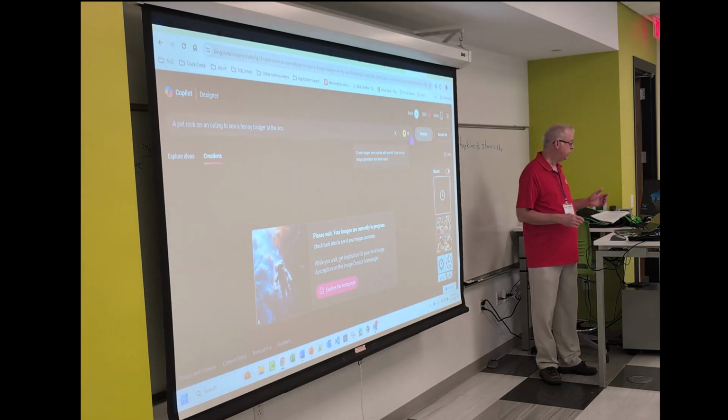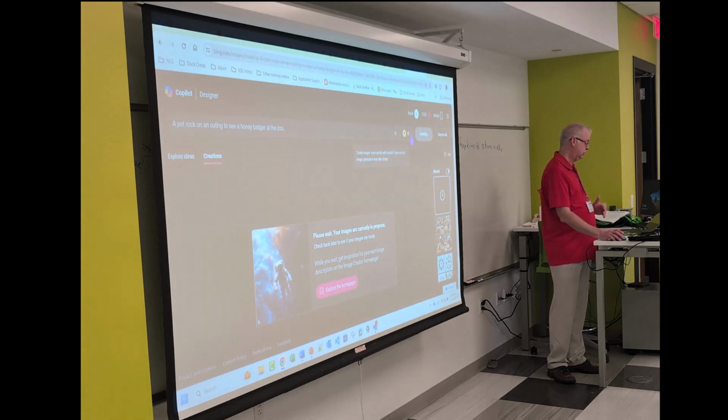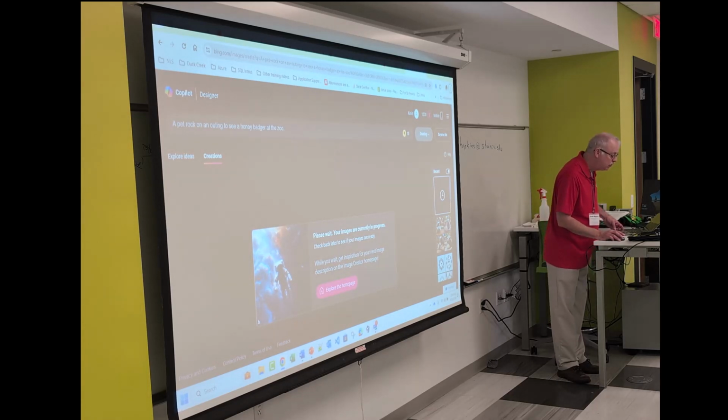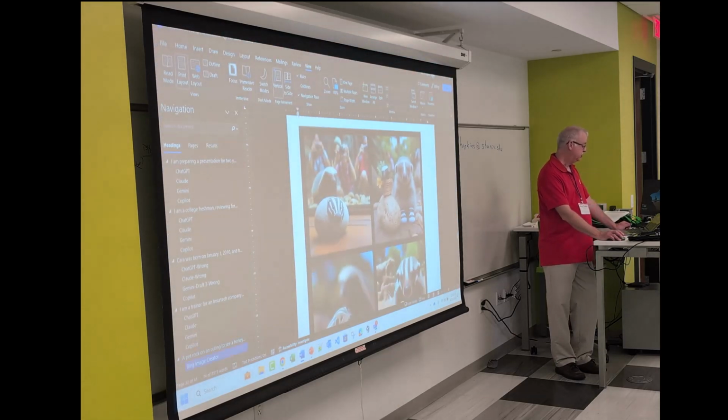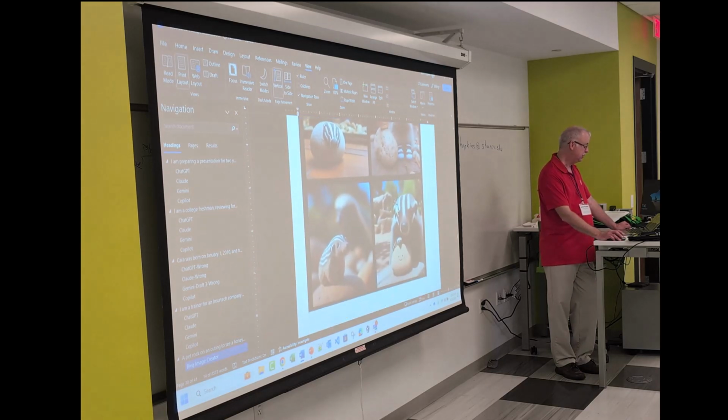And sometimes it takes a while, so we may give it a little bit of time and press on and then come back and see what it did. Or maybe I'll just show you what it did the last time I asked this question. So here's my honey badger with a rock at the zoo. Honey badger with a pet rock. My pet honey badger, I guess that's a real one.